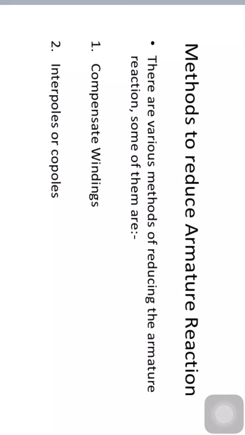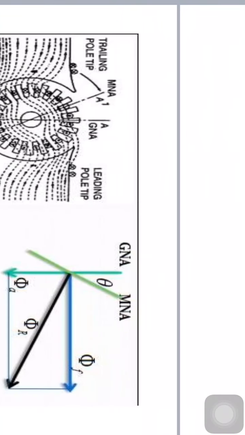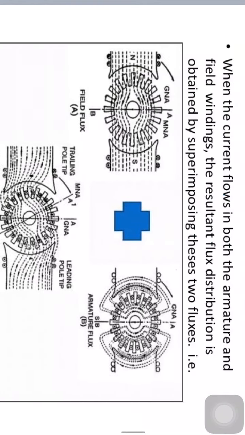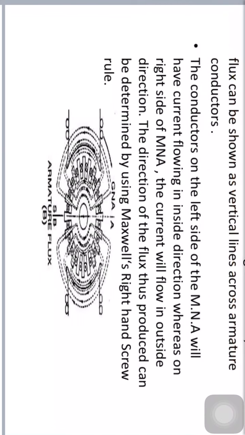Similarly, the conductors on the right hand side of the armature carry current in the direction out of the paper.